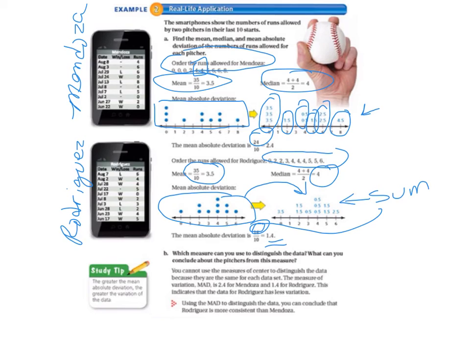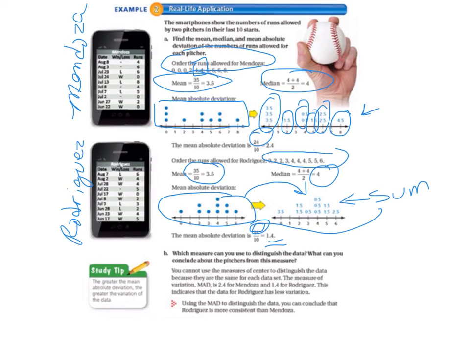The measure of variation, MAD, which is the mean absolute deviation, is 2.4 for Mendoza and 1.4 for Rodriguez. This indicates that the data for Rodriguez has less variation.